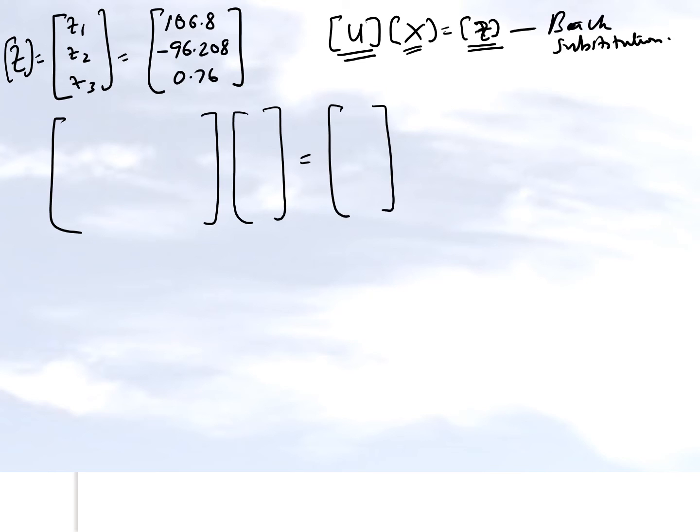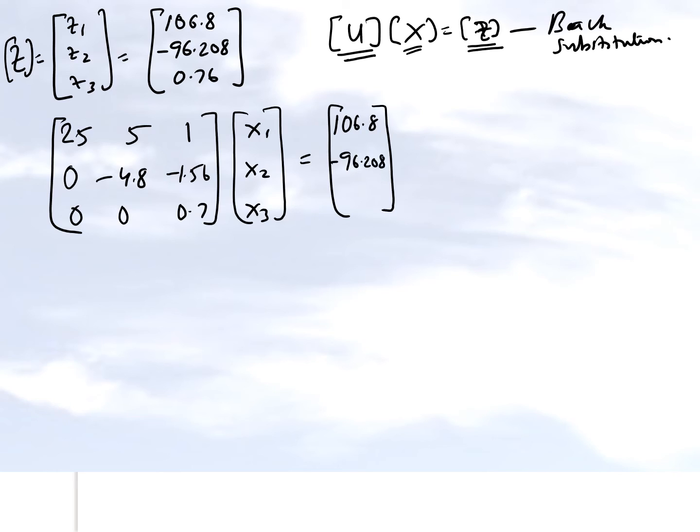So let's write down what the U matrix is, the upper triangular one, multiplied by our unknown vector x1, x2, and x3. And here I'll have 106.8, minus 96.208 and 0.76.